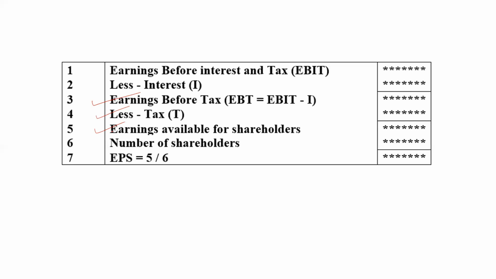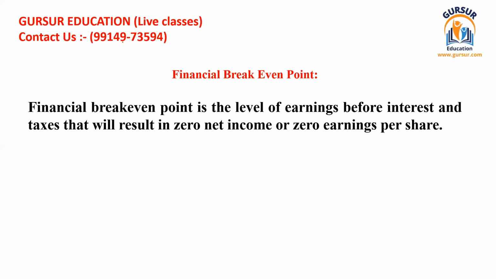And when earnings available for shareholders are divided by the number of shareholders, then you are left with the value of earning per share. And this is a very important thing. Why this is important, I'm not going to tell you right now, because in the upcoming slide you would realize that learning this specific table was very beneficial for you.